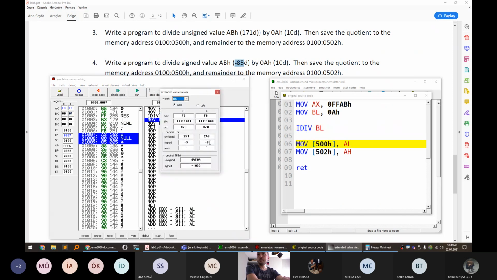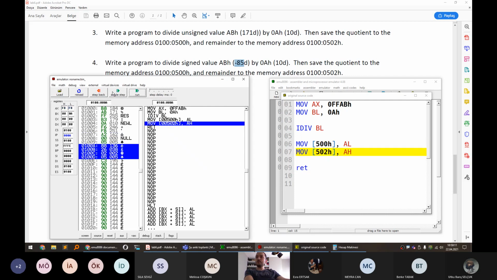The result is -8. That's right. The result is -8. Remainder is -5. That's right. Okay, that's my bad. The result shouldn't be 8. It should be -8.